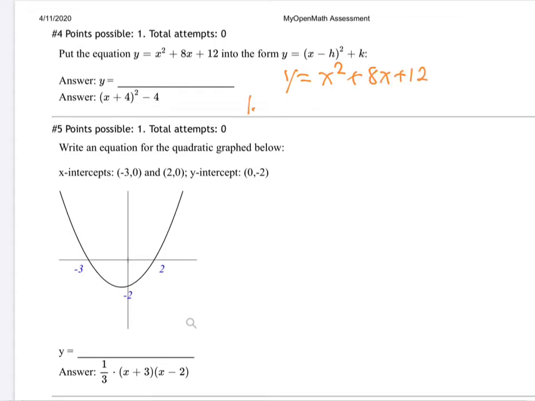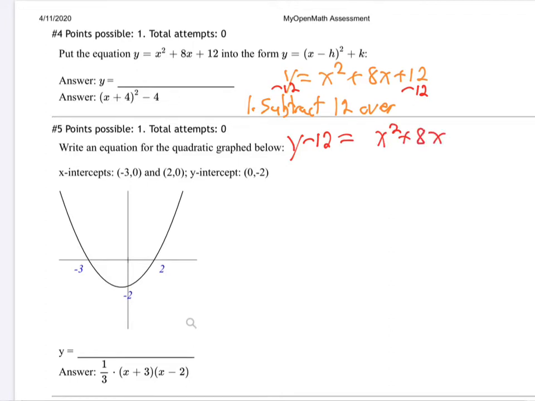So step 1, subtract the 12 over. So I'm gonna get rid of this number here from both sides. So we get y minus 12 is x squared plus 8x.